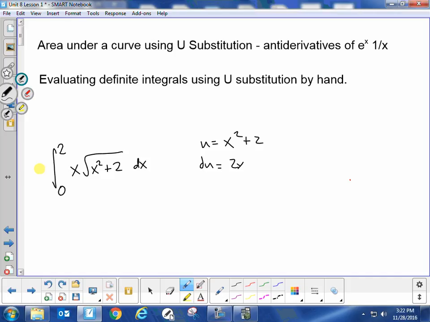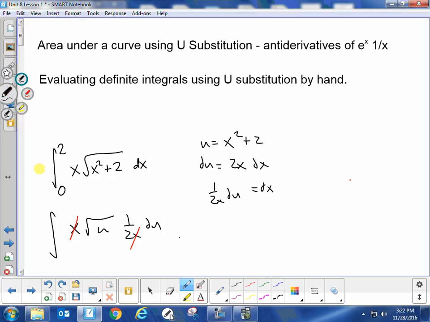So I get u equals x squared plus 2. du is equal to 2x dx. dx is equal to 1 over 2x du. And I go ahead and replace things. So I have x root u 1 over 2x du. My x's will cancel.